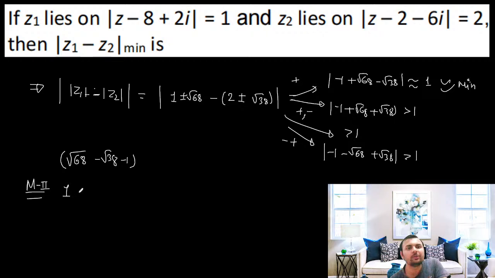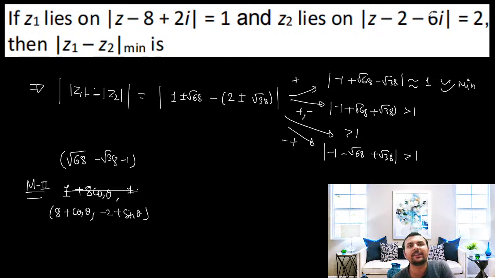So we can say 1 plus 8 cos theta, no, it is 8 plus cos theta, and this is minus 2 plus sin theta. So we are going to have two different terms. This is the term, this is the term.